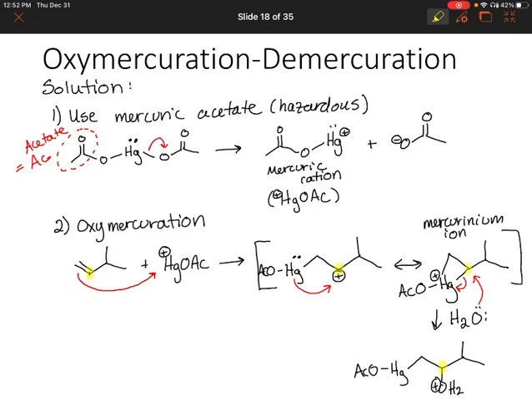So instead of forming a secondary carbocation, we actually have this bridged structure, so there really isn't the opportunity for rearrangement here. So we're kind of blocking rearrangement from occurring.